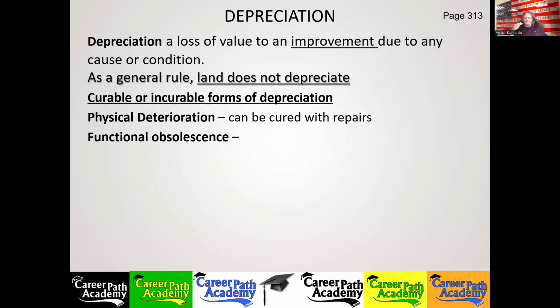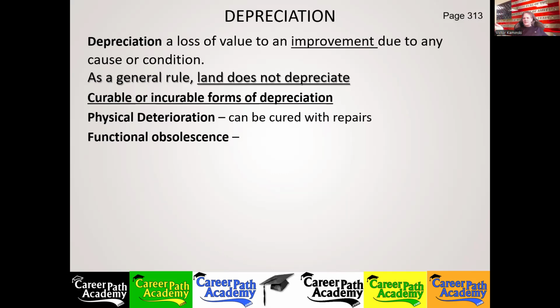We're looking at this term, functional obsolescence. If something's functional, what does that mean? Something that works. It works. It's functional. If something is obsolete, the root word of obsolescence comes from obsolete. If something's obsolete, what does that mean?